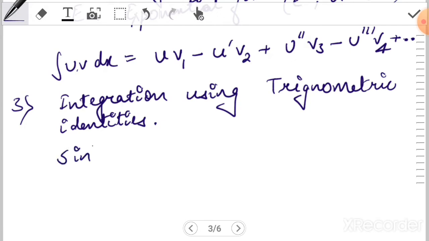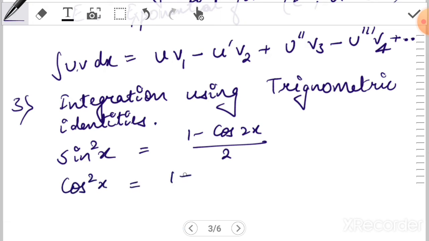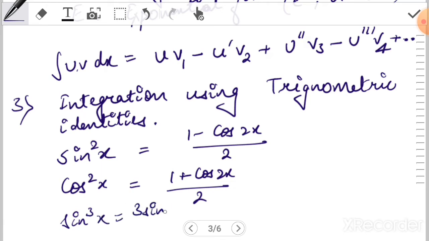So we can replace sin square x by (1 minus cos 2x) by 2. Similarly, cos square x by (1 plus cos 2x) by 2, sin cube x as (3 sin x minus sin 3x) by 4.